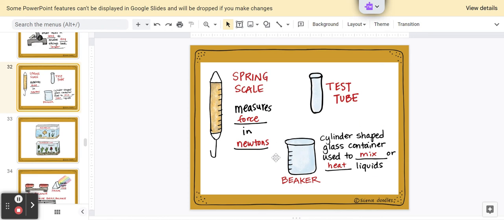A beaker is a cylinder-shaped glass container used to mix or heat liquids. It's the same shape as a graduated cylinder, but it's wider and shorter. Please make sure you press pause to get all of that information.